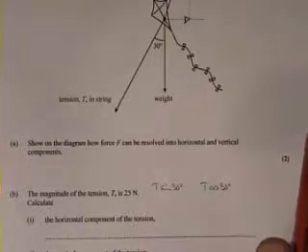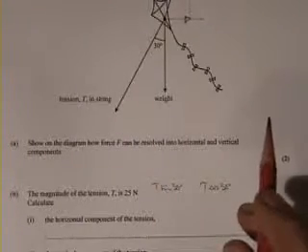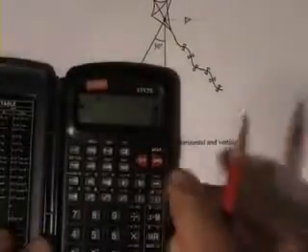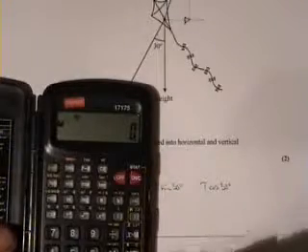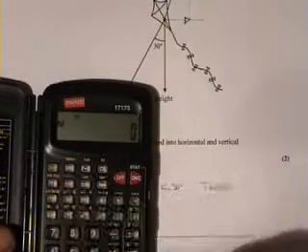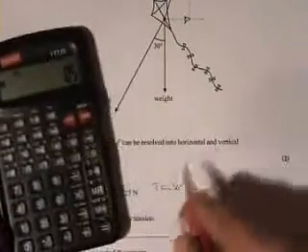After years of faffing around drawing triangles, I've come up with what I now reckon is the quickest and easiest way of doing it. Just look at the picture. If you're not familiar with the values of sine and cosine for 30 degrees, put it in your calculator. The sine of 30 degrees is 0.5.